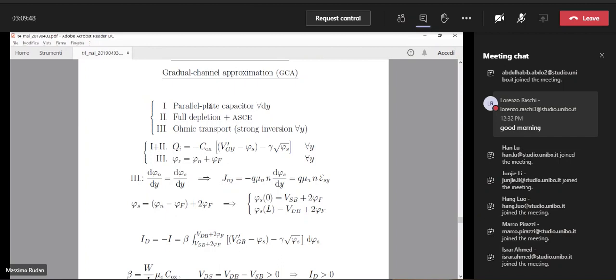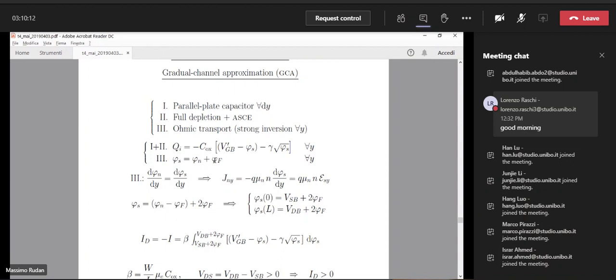And we also accepted the postulate, so to speak, that in the strong inversion condition we have an ohmic transport corresponding to the condition phi s equal to phi n plus a constant.